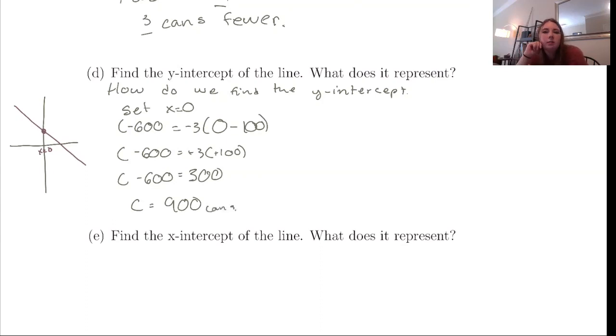For the problem's sake, we're just asked to find the y-intercept, and that usually doesn't have any units, but for what it represents, it might help to think about that. Remember, C is cans. So what does it represent if my y-intercept is 900 cans? We set x equal to 0, so that's a hint. What do we think it means?